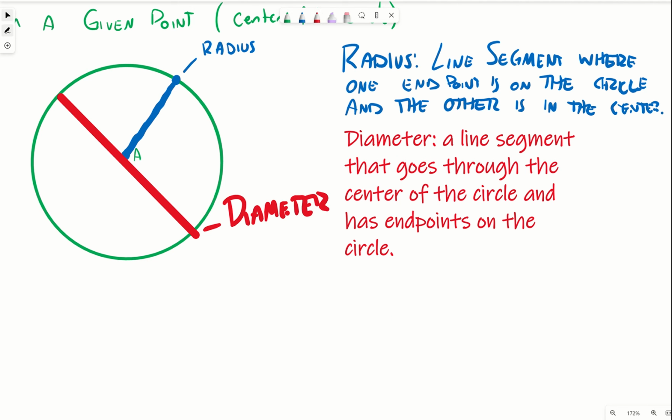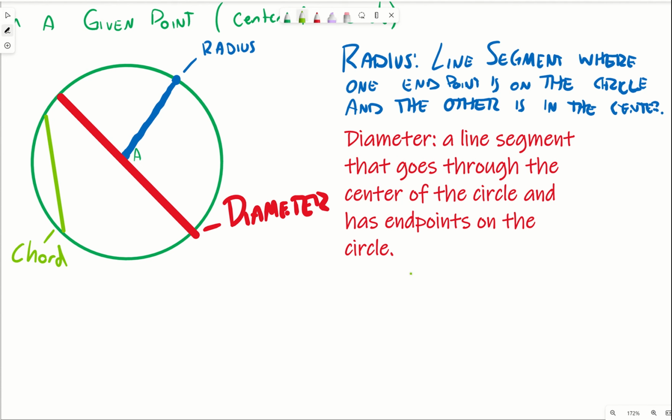Diameter and radius. Now, there are also other lines that exist. There is a line that goes through our circle, but doesn't go through the middle. So this line here, this is called a chord. So a chord is a real line that exists.